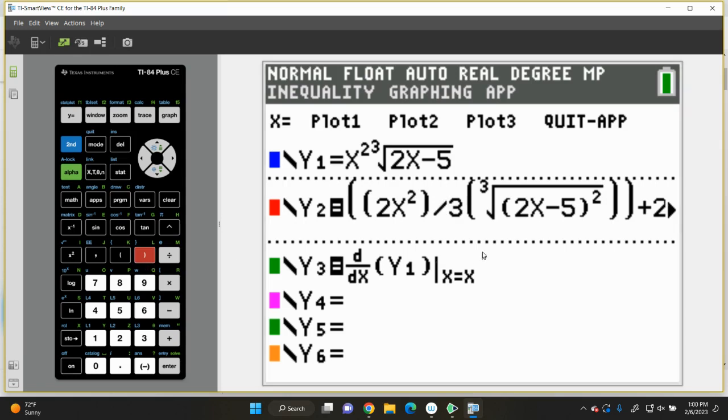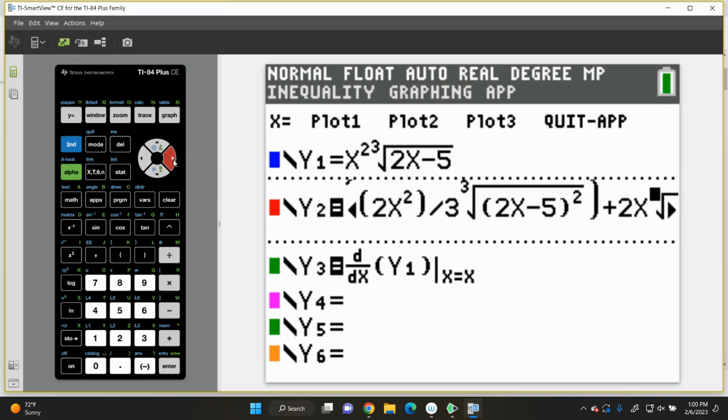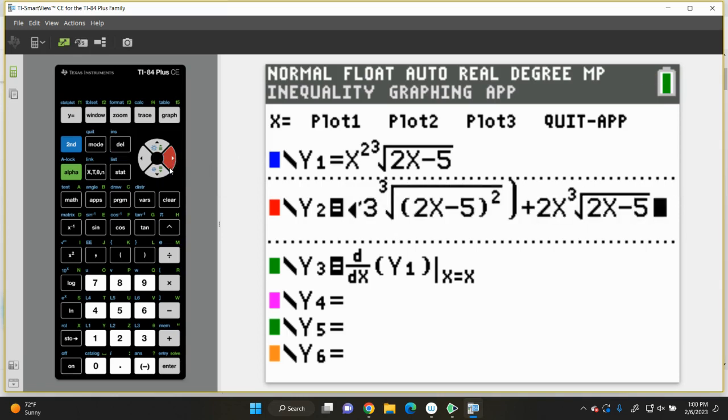The 3 is on the bottom. Yeah, but I'm saying it might divide by 3 and then multiply that answer by the cube root of 2x minus 5. Yeah. Okay, and then I'm going to put, this is okay because it's all in the numerator.